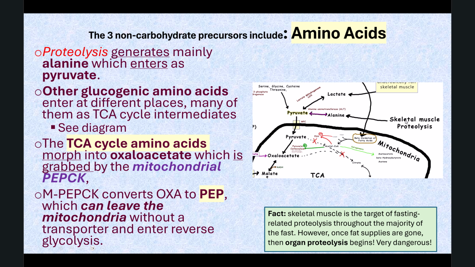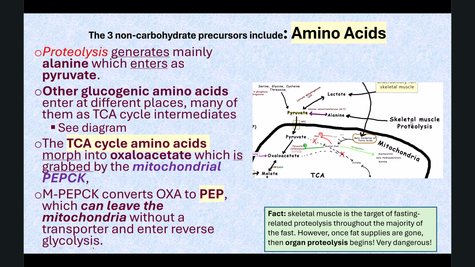So when you're fasting, you're going to break down skeletal muscle. And skeletal muscles are made of all kinds of amino acids, but they all go through a process, a transamination. They all have aminotransferases, which morph them into one common transferable amino acid, and that's alanine. So alanine is released from skeletal muscle breakdown.